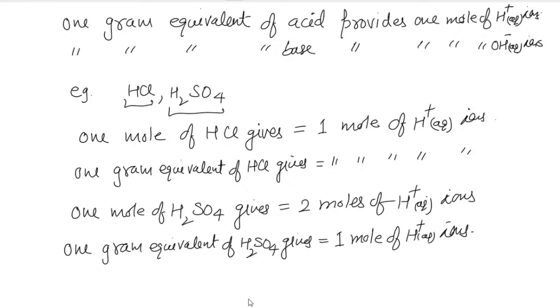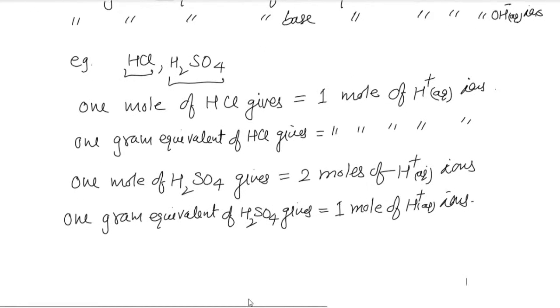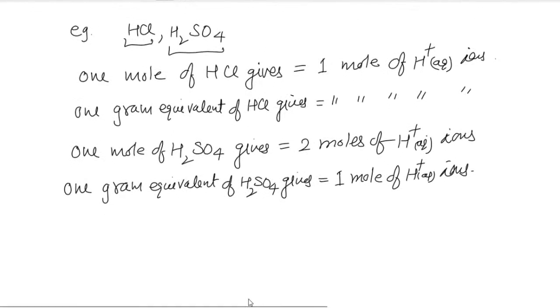It means it is independent of their basicity. Any acid, if it is 1 gram equivalent, will give only 1 mole of H plus ions. I think now it's clear to you what you mean by 1 gram equivalent.